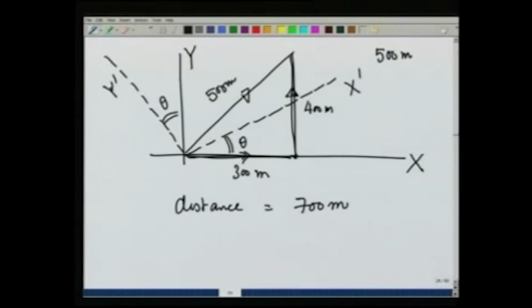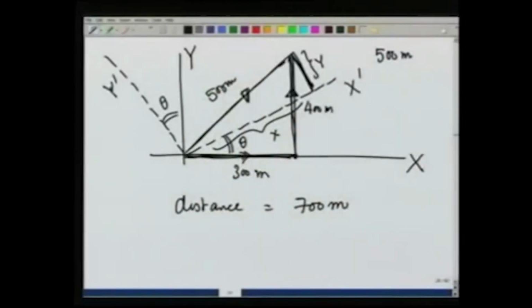Although the distance travelled by this person in going to the other house is going to be 700 meters in both the frames, this vector is going to have components which are not going to be 300 and 400 meters, but this is going to be its x component and this is going to be its y component. So, although the vector remains the same, it is 500 meters in this northeast direction, but its components along different frames are different.